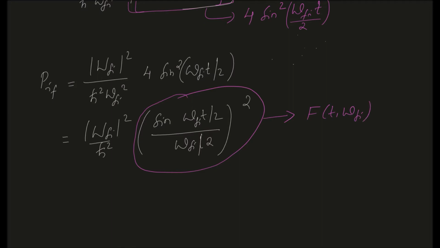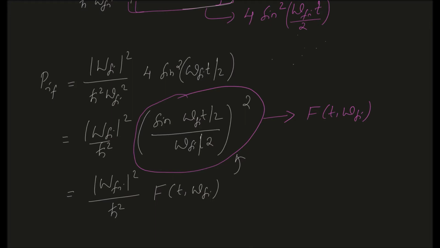So the expression for the probability density will become modulus W_fi square divided by h cross square into f of t, omega_fi, where f of t, omega_fi is given by sine square omega_fi t by 2 divided by omega_fi by 2 the whole square.